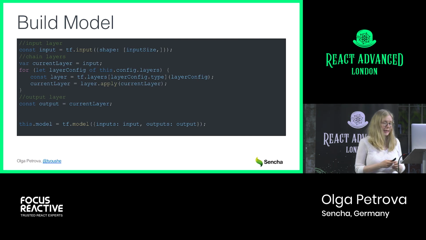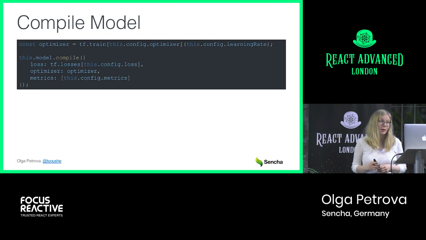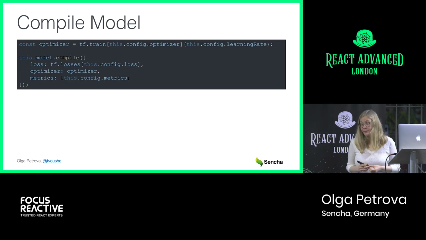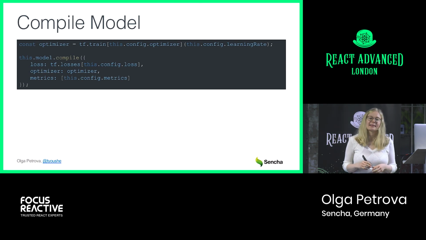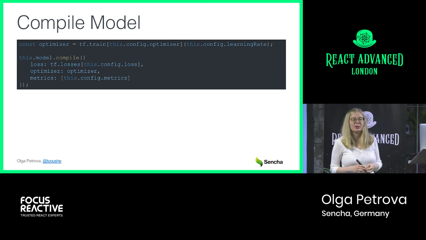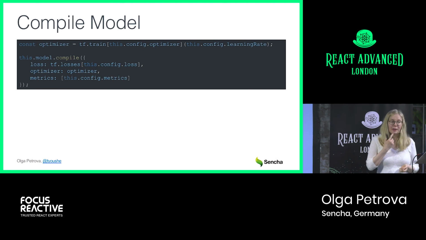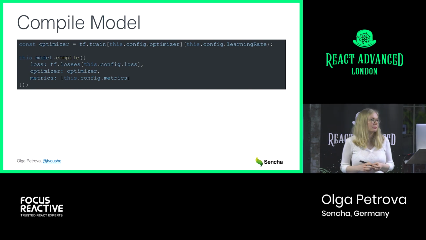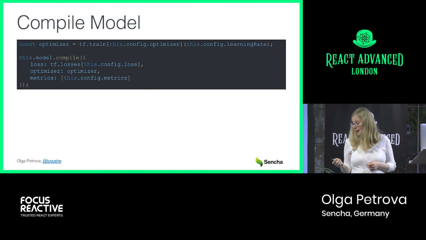So the model is created. Then I need to compile my model using the model.compile method. Now I send all these nice parameters described in the machine learning model, like learning rate, optimizer function, metrics, and loss function.